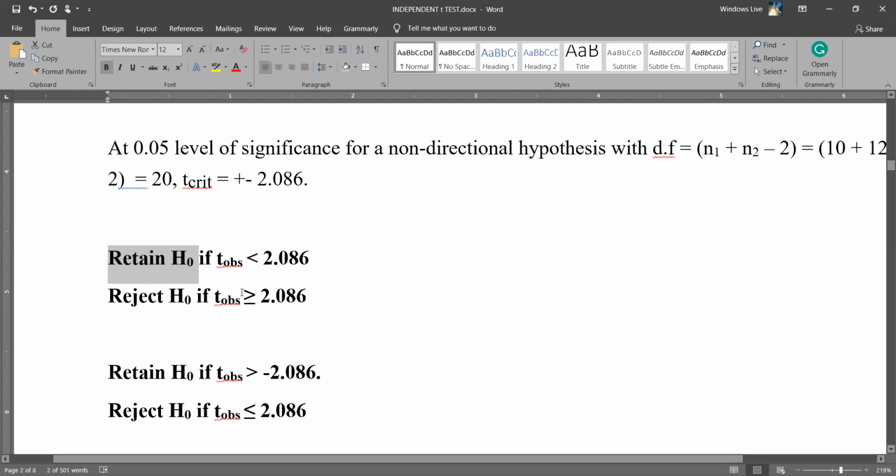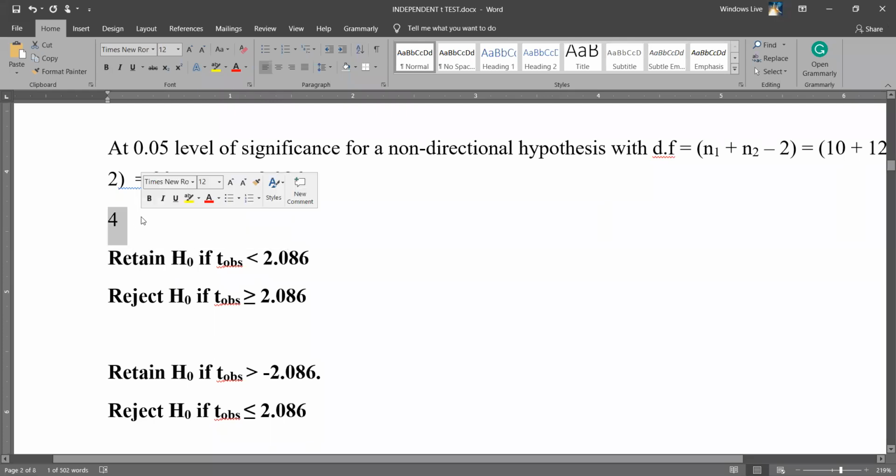Then when it is greater than or equal to 2.086, so for instance, maybe you calculated a value and you had a value of 4. You have to compare this 4 with 2.086. This 4 is your T observed. You could see that it is greater than 2.086. So it is telling you to what? To reject H0.